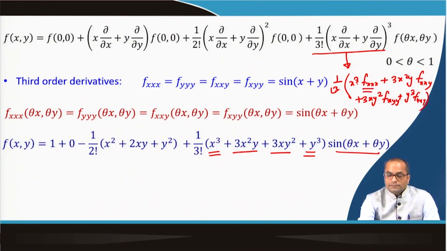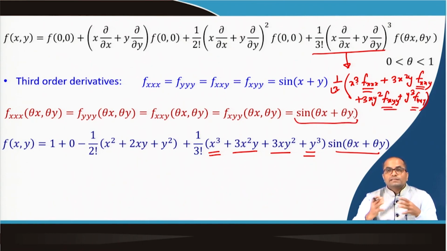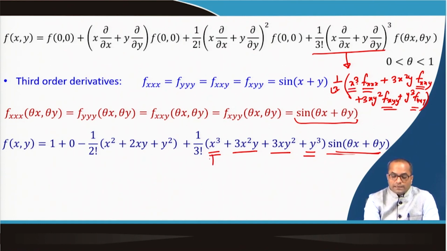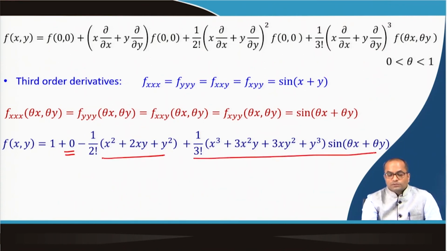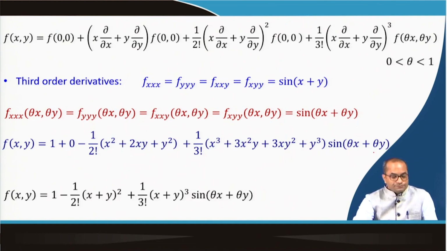So, all these derivatives are same in this case, and the value is this sin theta x plus theta y. So, therefore, we have taken that out, sin theta x plus theta y, and then what is with us here now, x cube, then we have 3 x square y, we have 3 x y square, and then we have y cube as a result. So, this is the first order term, second order term, and then we have the third order term as remainder.